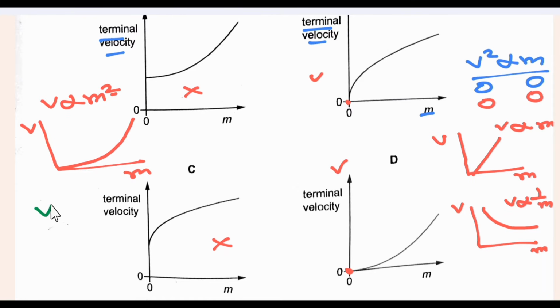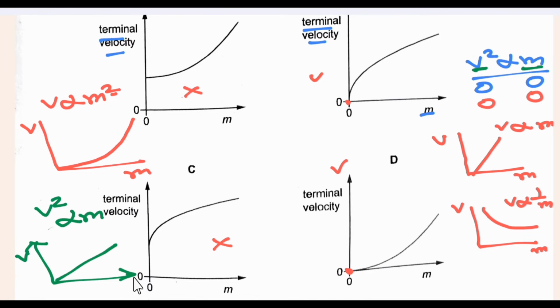Similarly, if v square is directly proportional to m, then instead of being a straight line, the graph would slightly tilt towards the v square axis, since it is v square.